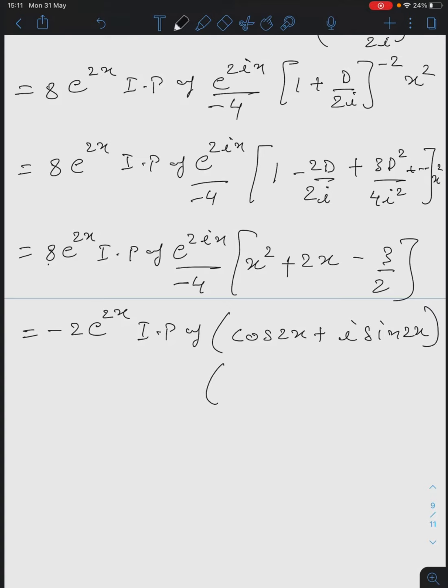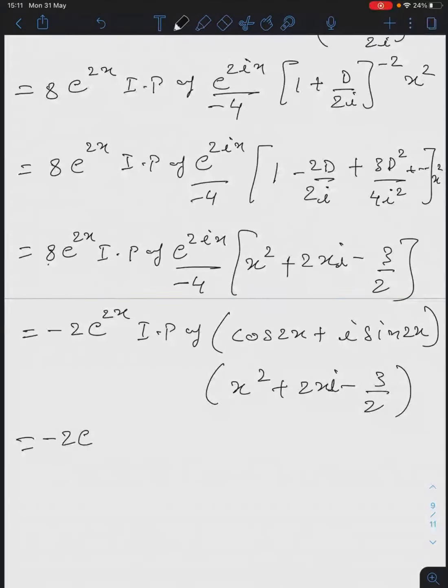And this I will multiply with x square plus 2x by minus 3 by 2. Something is missing. i is missing here. Okay? Is it correct? Yes, ma'am. Nobody noticed it. Or maybe you have not told me.